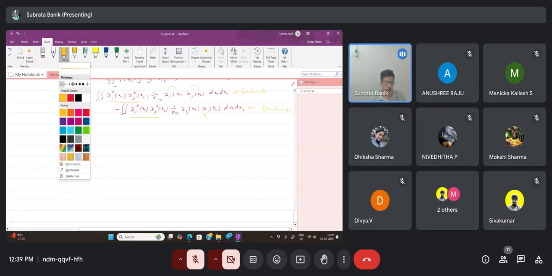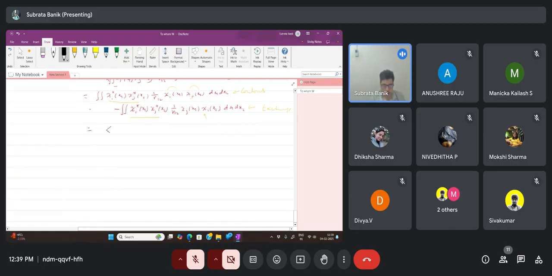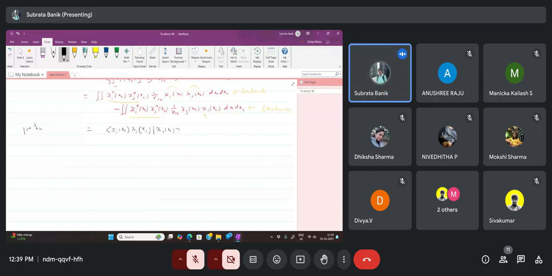In short, we could introduce some shorthand notation. We write this whole as, in terms of bracket, chi I x1, chi j x2. This 1 by r12 we don't write, we just put one vertical line. So this line represents 1 upon r12, right? Right side I have chi I x1, chi j x2.